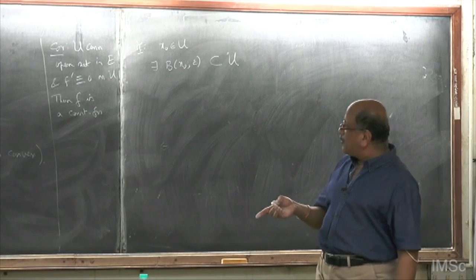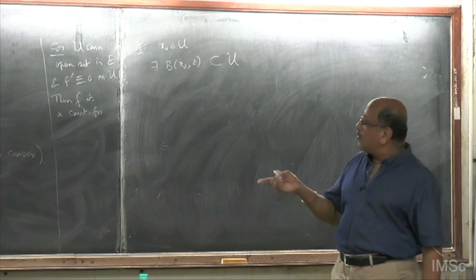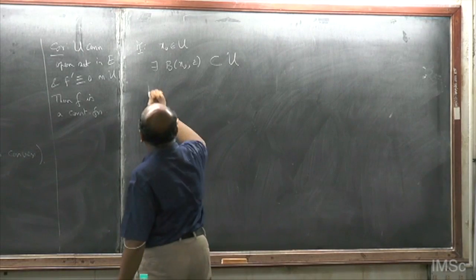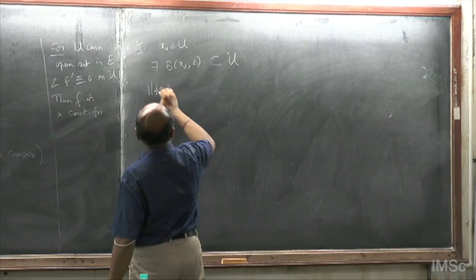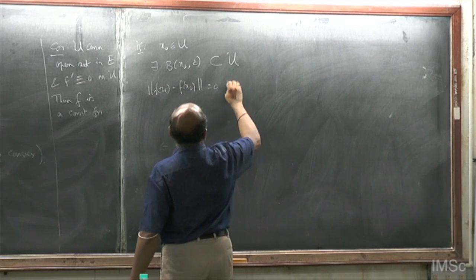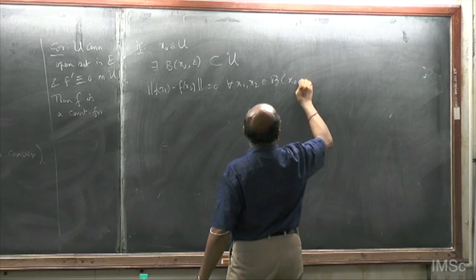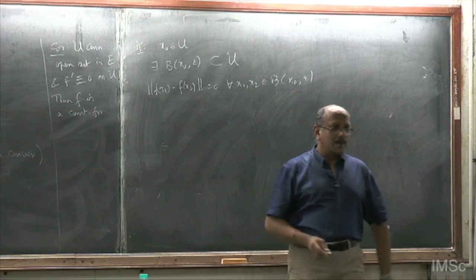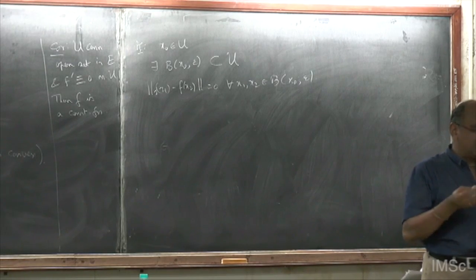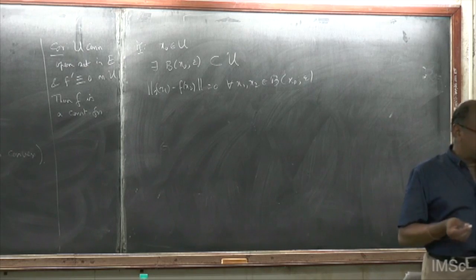And what do you know about the derivative? It is identically 0, and therefore the norm of the derivative is also 0, so it is a bounded function. That means f(x1) - f(x2) equals 0 for all x1, x2 in B(x naught, epsilon). That means this function is locally a constant. So if you take a point in any neighborhood of it, it is a constant.